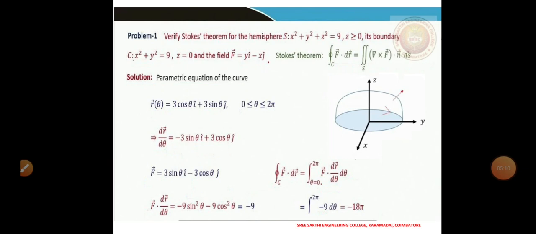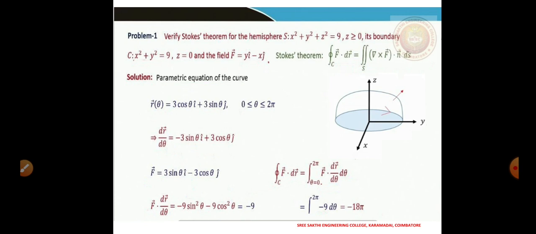We will verify Stokes theorem for this hemisphere. This is the hemisphere for z greater than or equal to 0, the upper part above the xy plane, and its boundary is x squared plus y squared equal to 9 at the z equal to 0 plane.